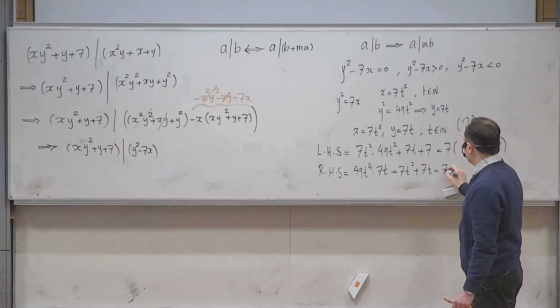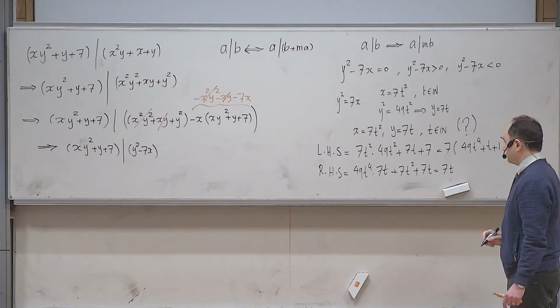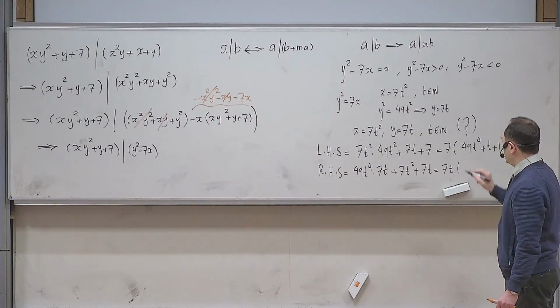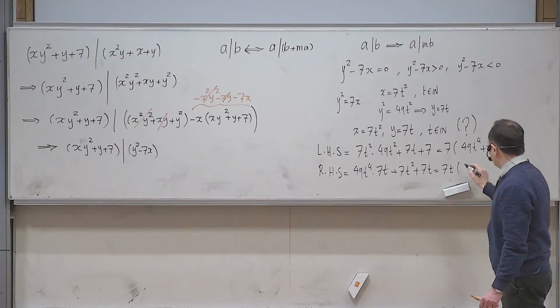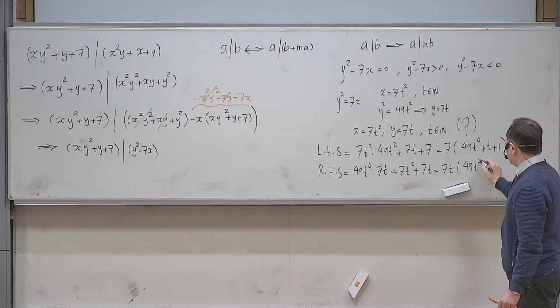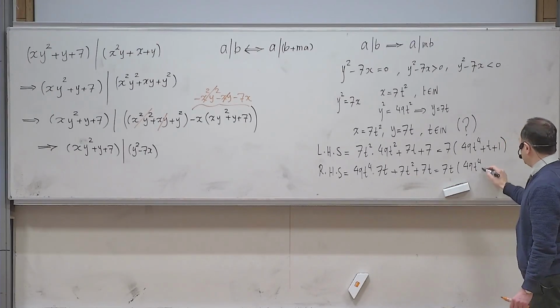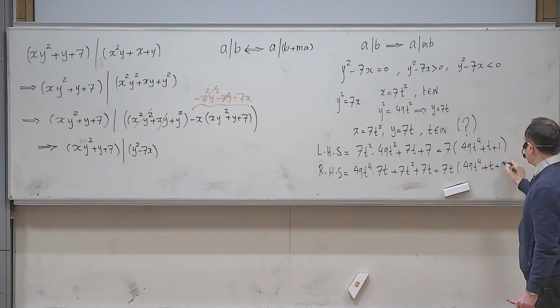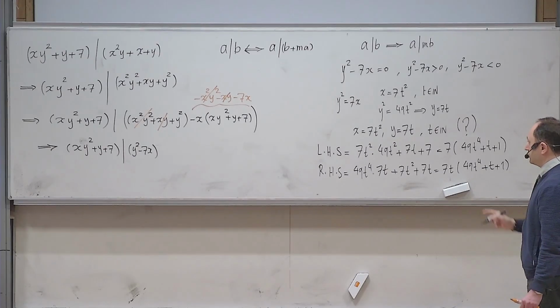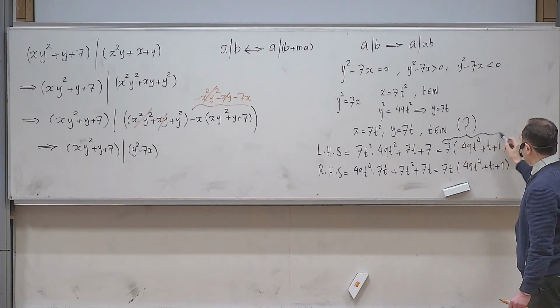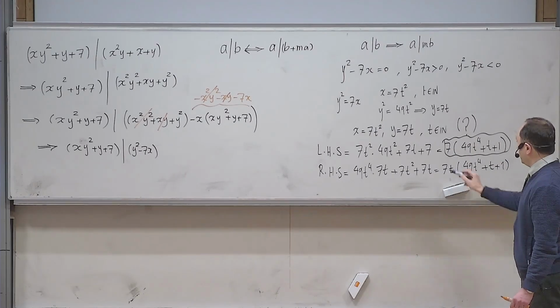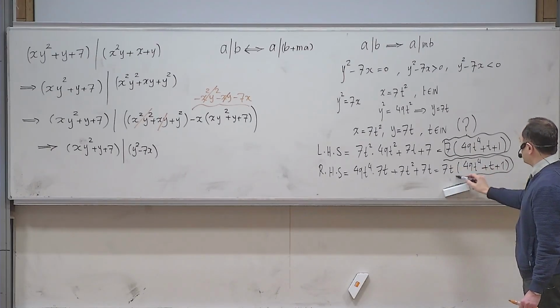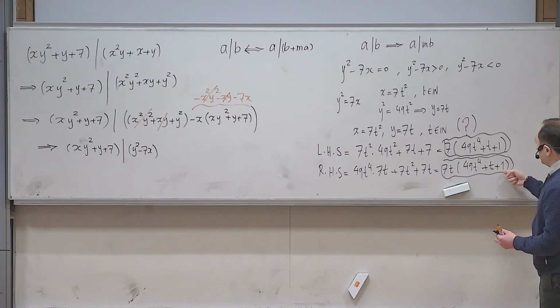Here I can factor a 7t out. So what is left here? From here, 49t to the power of 4, and from here t, and from the last one, 1 is left. Okay, so that is correct, because the left-hand side is this expression, and the right-hand side is this expression. So you see that the right-hand side is t times the left-hand side.